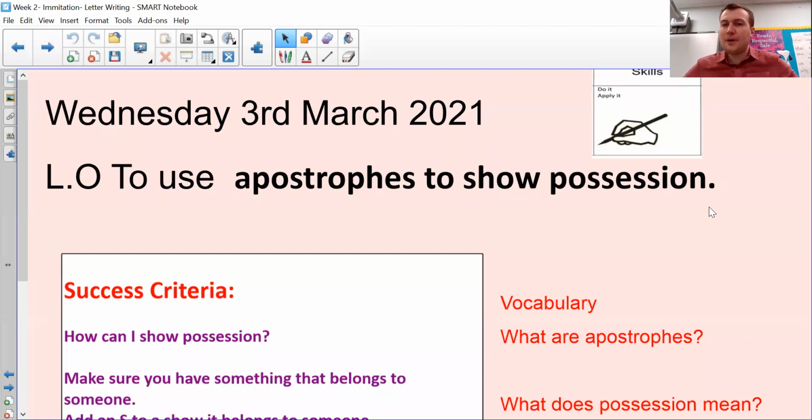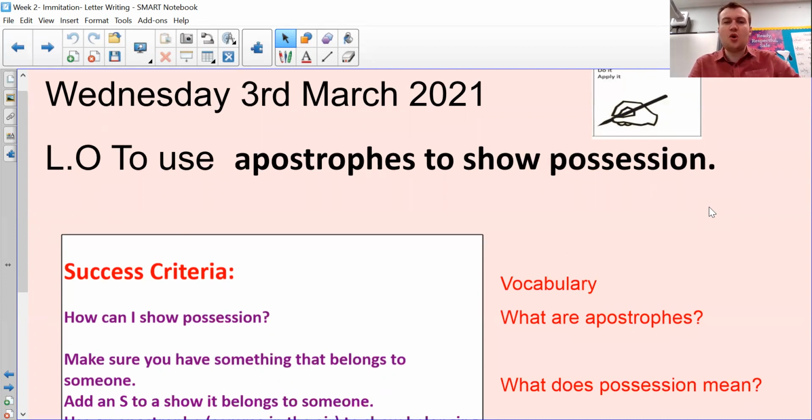Today, we are looking at apostrophes, and specifically when we use apostrophes to show possession. Big words there. So, first things first, what are apostrophes? We've talked about apostrophes before when we've talked about contractions.